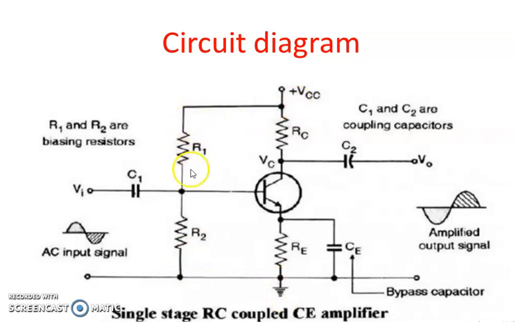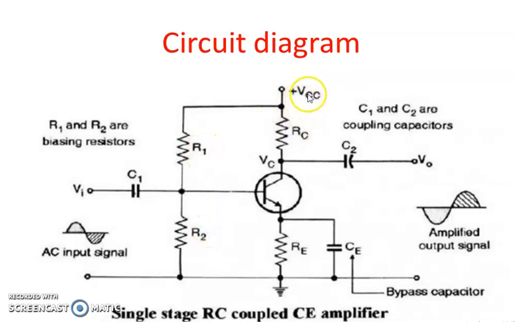The voltage across R1 will be VCC times R1 divided by R1 plus R2, and the voltage across R2 will be VCC times R2 divided by R1 plus R2. So VCC is divided across R1 and R2. The function of these resistors is just dividing the voltage VCC across R1 and R2.